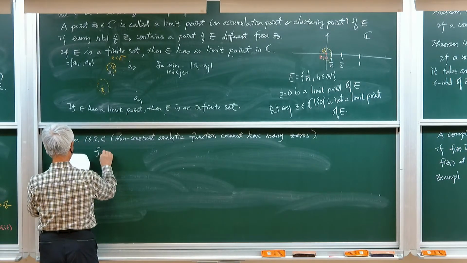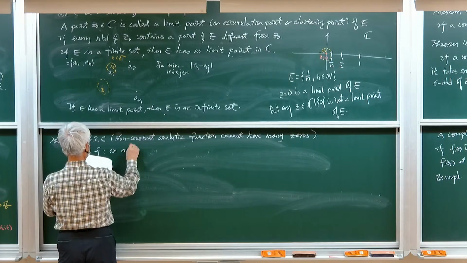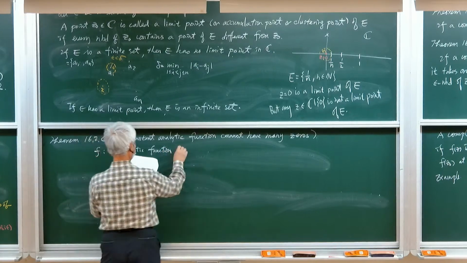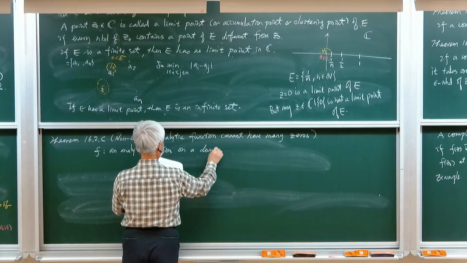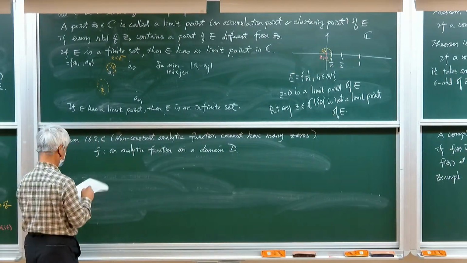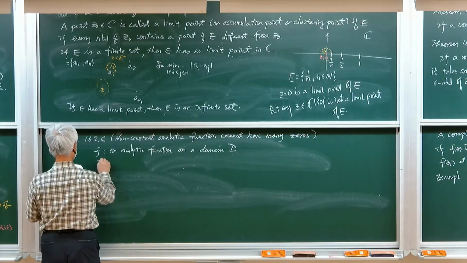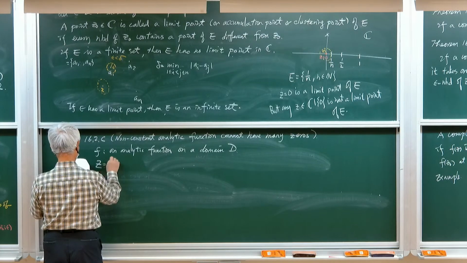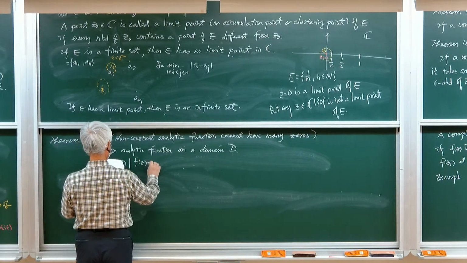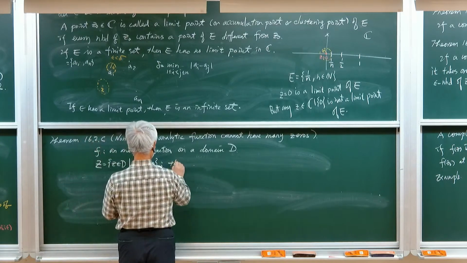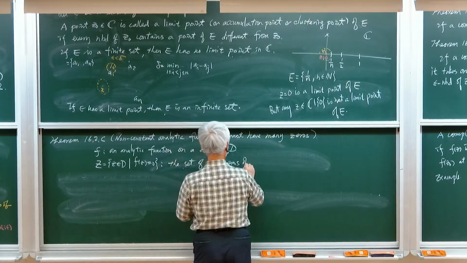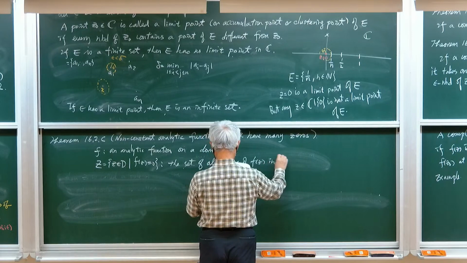So we say f is an analytic function on a domain D, where D is the domain and f is analytic on it, and Z is the set of all zeros of f of z in the domain.